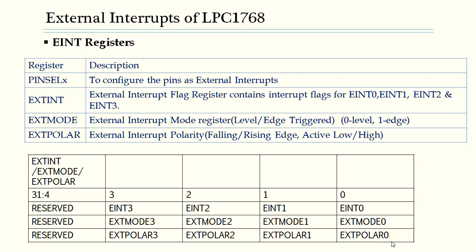If you write a value of 1, it becomes active low. Fine. So this is how we are going to program the bits into these registers. All these 4 registers are very important for us to program the LPC1768 for any external interrupt based programming.